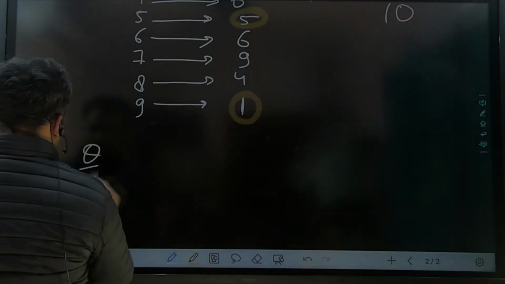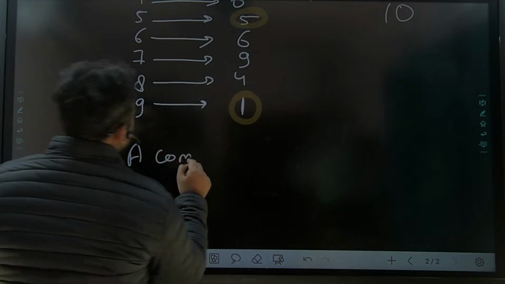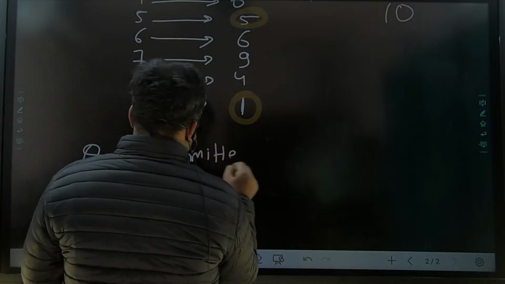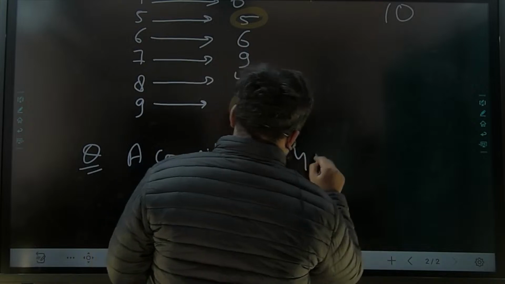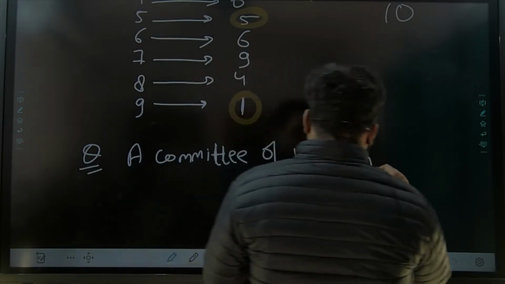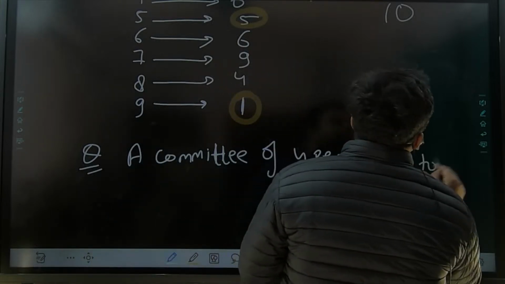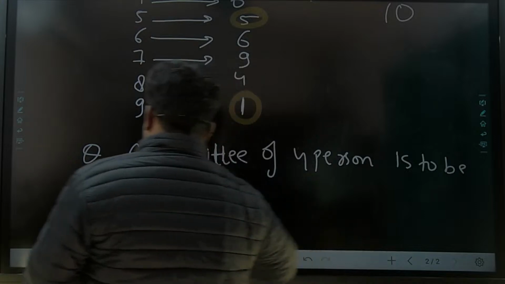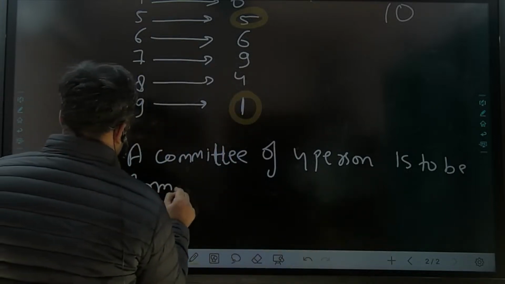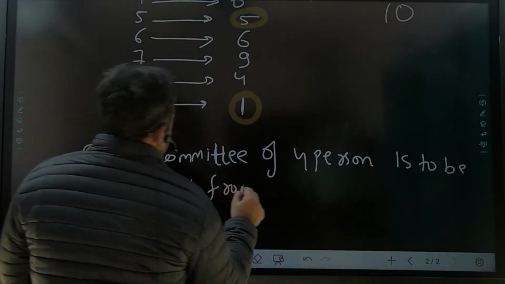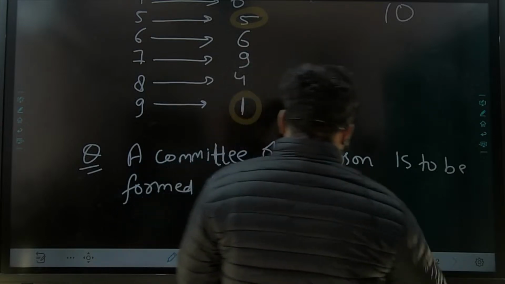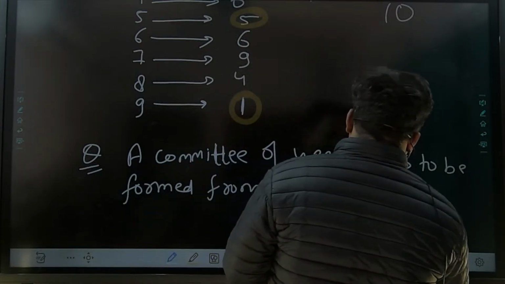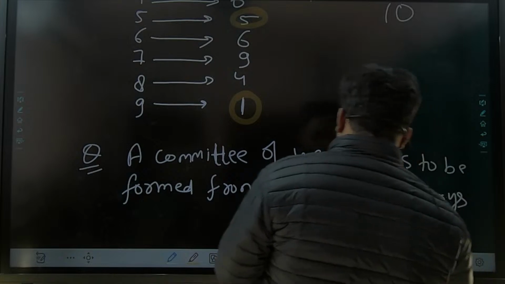Another question. A committee of 4 persons is to be formed from 4 girls and 5 boys.